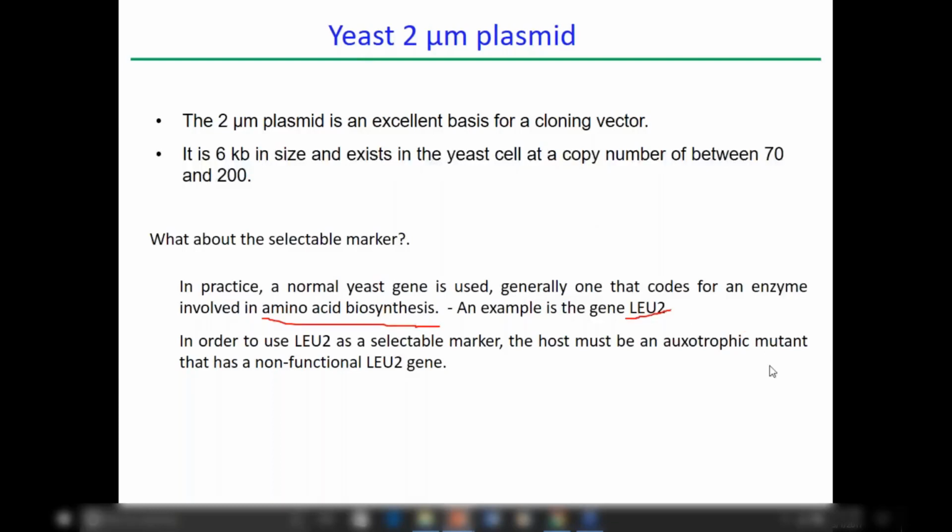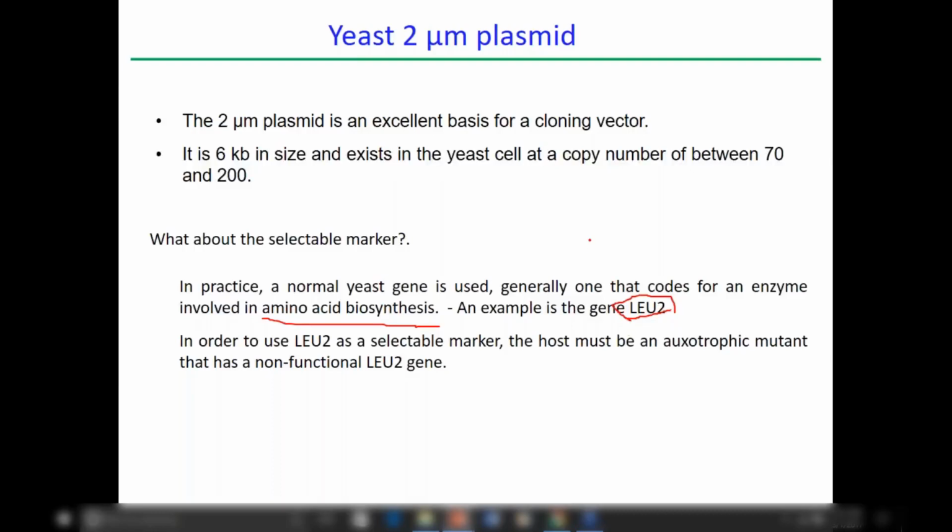One more time, in general, Saccharomyces cerevisiae uses a gene named LEU2. This is the one which is involved in the biosynthesis of the amino acid leucine. Okay, understood or not at this point? So people started thinking, why don't we use this leucine as a marker?